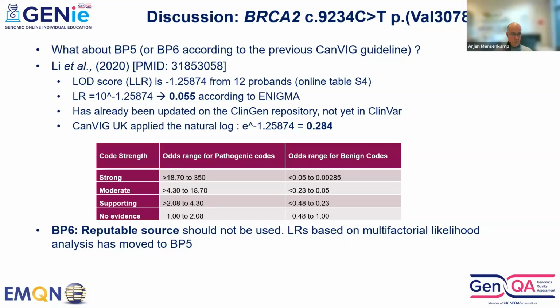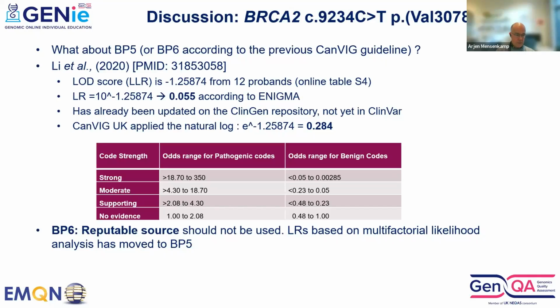For 0.055, you will end up at a moderate level, and 0.284 only at the supporting level. However, like I said, we get back to the raw data, and the 0.055 is the true score to be used here for this paper.